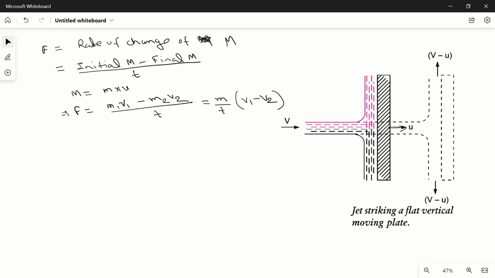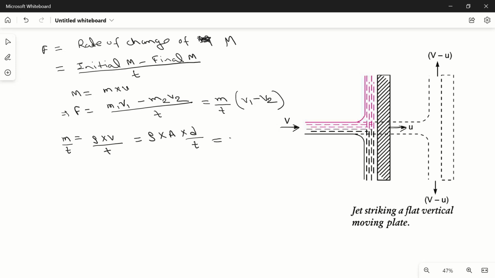What is mass flow rate? We can see that this jet is moving with the velocity v and this plate is moving with the velocity u. So the relative velocity will be v minus u. So the jet will be striking this plate with the relative velocity of v minus u. So mass flow rate m by t, which is equal to density into volume per time, is rho into area into the distance travelled by this jet upon time.